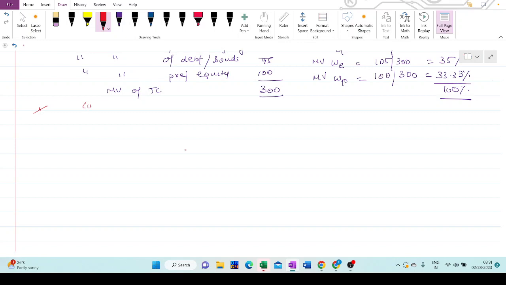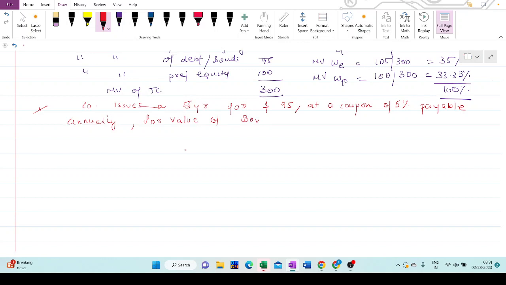Okay, so guys, a company issues a 5-year bond for $95 at a coupon of 5% payable annually, and the par value of the bond is $100.